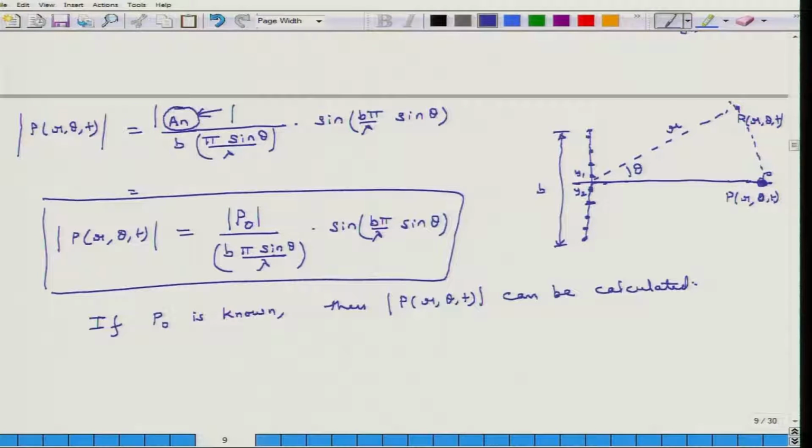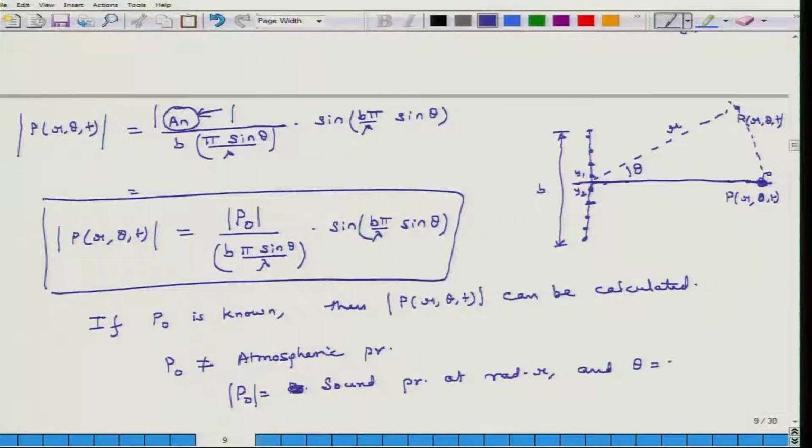Here theta can be calculated, and here P0 is not atmospheric pressure. This is just because we have run out of symbols. Rather, P0 equals sound pressure at radius r and theta equals 0 degrees. Okay. So, that is there.